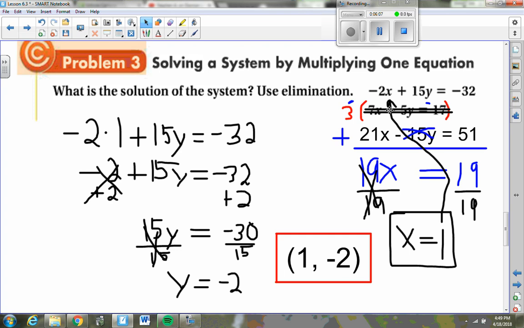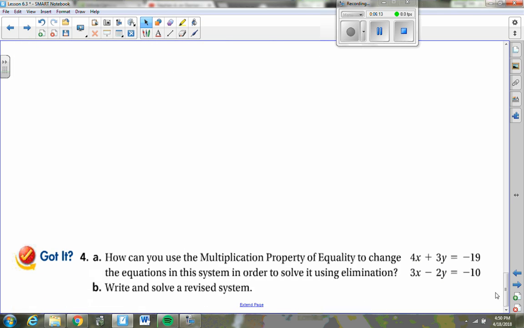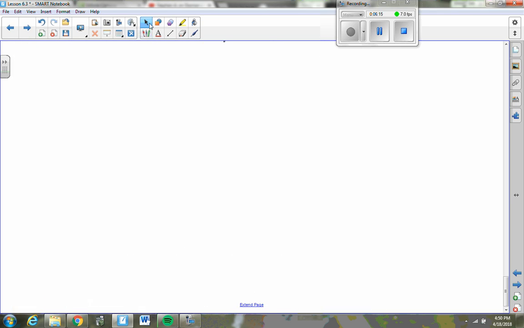Okay? Now, if we do one more example, something that we might see in our practice problems.